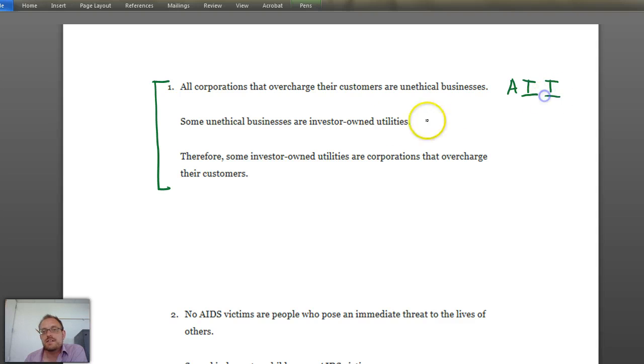Now, where is the figure and the mood? You may have difficulty here, so let's rewrite it using variables. Let's change each term to a variable. Corporations that overcharge their customers will be C. Unethical businesses, we'll make that U. You can see here that the U is the middle term, and immediately you should see that this is figure 4.